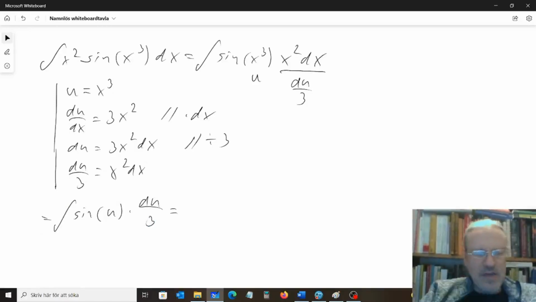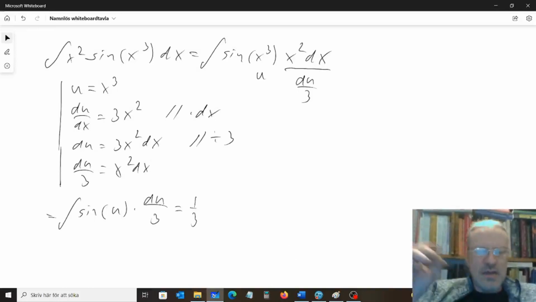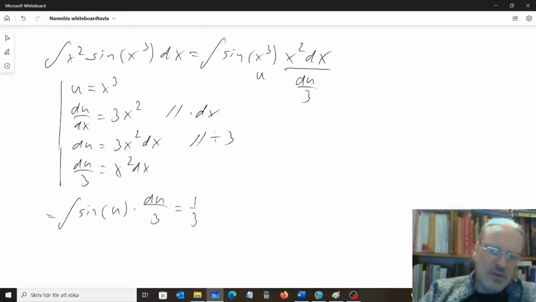And to divide by 3 is the same thing as having a factor of 1/3 in front, so to multiply by 1/3. And when we integrate, we keep that factor, right? So this will be 1/3 times the integral of sine, which is minus cos. So we get a minus in front here, cos of u plus c.